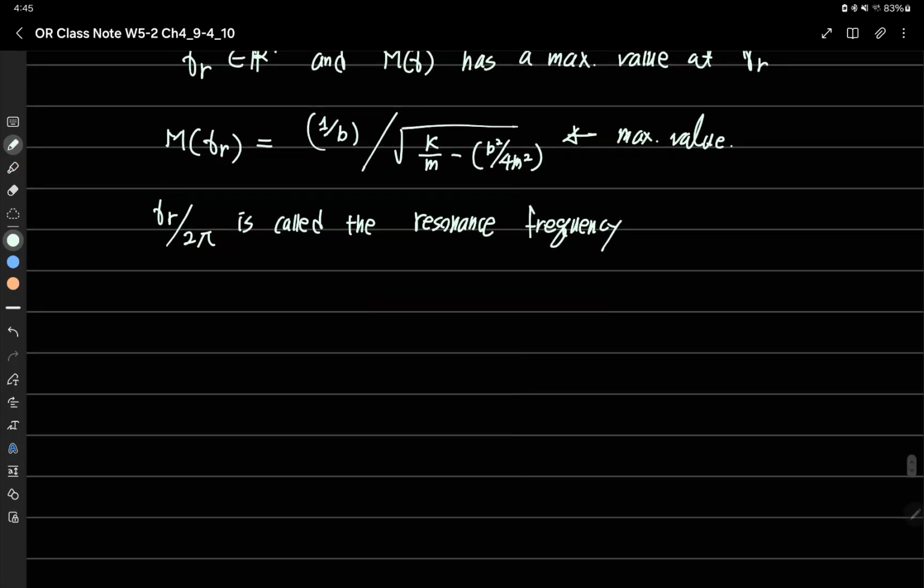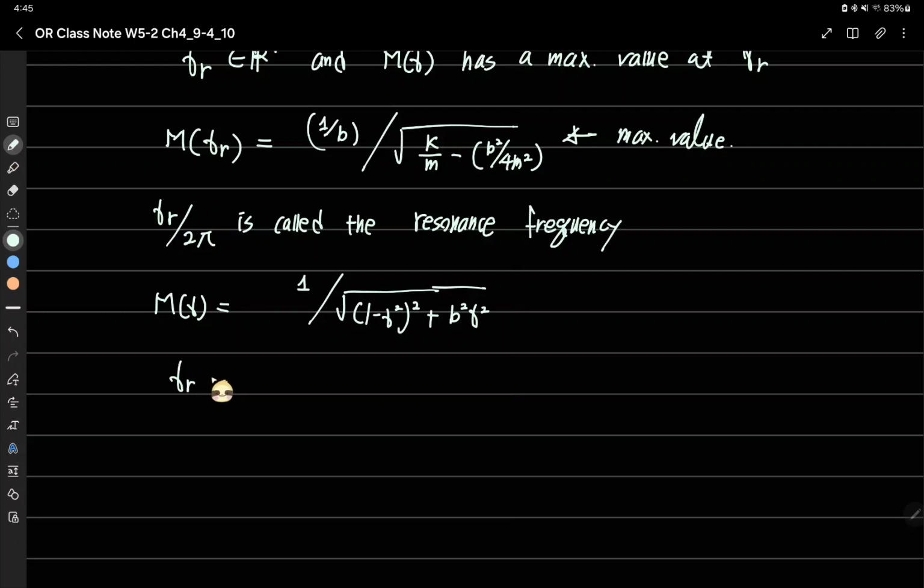So m of gamma, when all parameters are set to 1, is going to be 1 over the square root of (1 minus gamma squared) squared plus b squared gamma squared. Okay, right here.